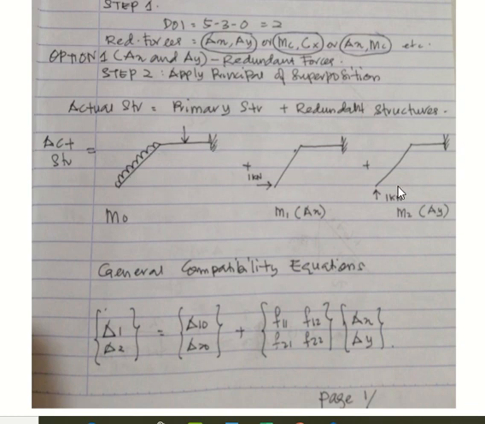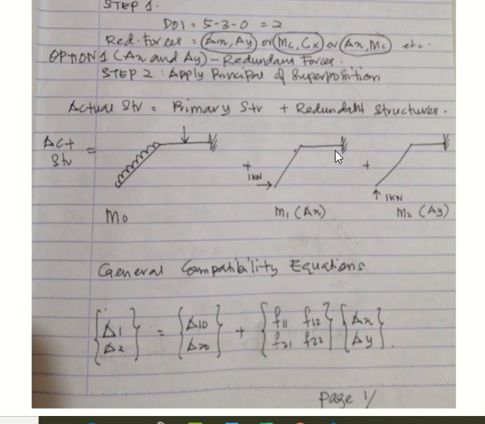The difference between primary, redundant number 1, redundant number 2 is in terms of loading system. For primary structure, you apply all the real load, all the actual load, which is the 50 kilonewton and UDL.